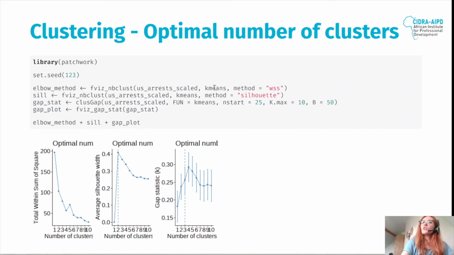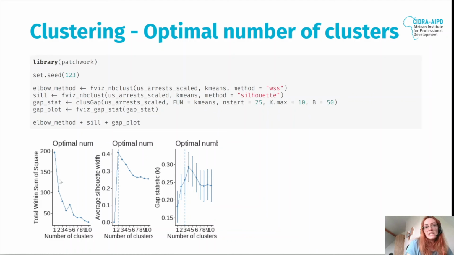It doesn't look like a function, right? Because it doesn't have the brackets or anything, but that's what it is. And the method is wss. We do the same for the silhouette, but the method is silhouette, and we do the gap stats. As I said, it runs for different values of k, so I need to give, I don't know, a max of 10 clusters. That's what I want. And we can plot this later.